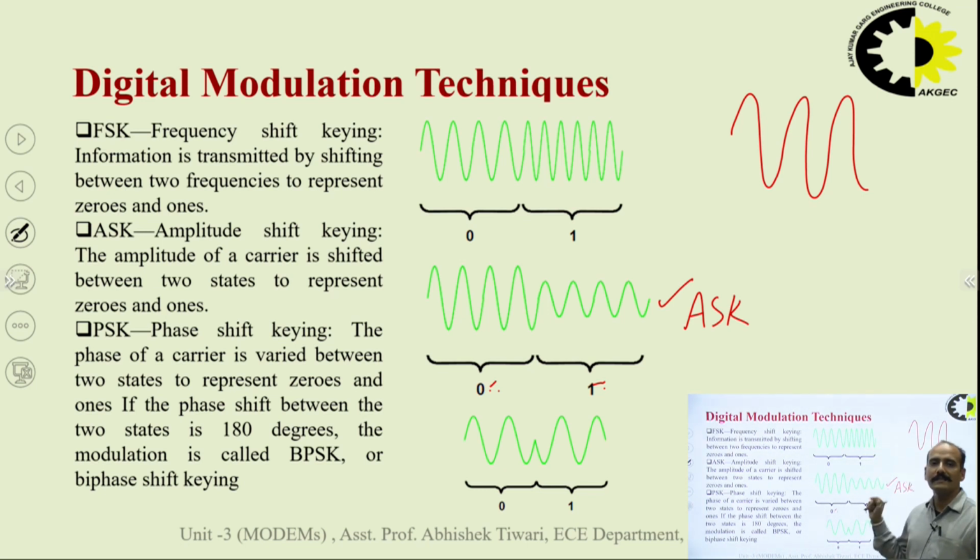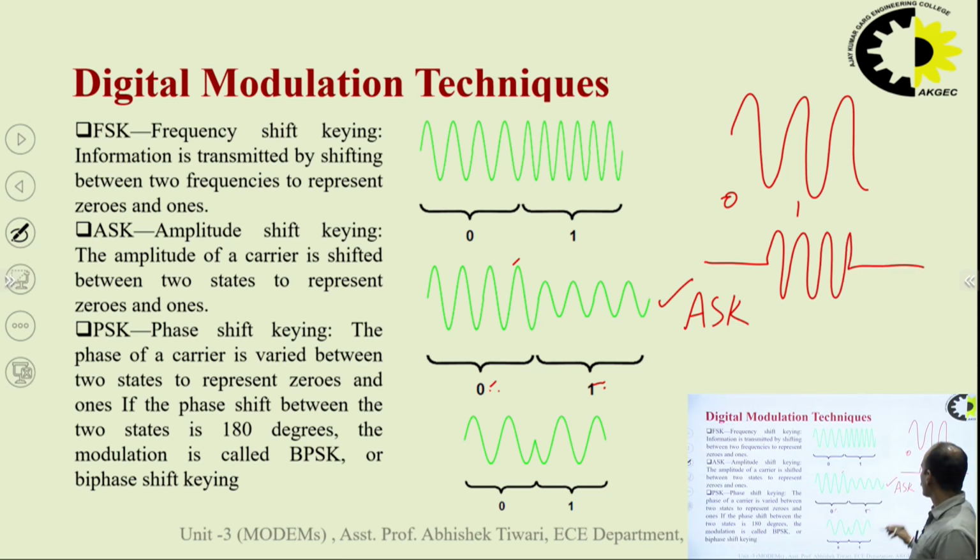As per the logic set by the system, the amplitude of this carrier will change. You can see that for the 0 the amplitude is the same, but for the 1 the amplitude decreases. Sometimes, if you modulate 0 and 1, you will get this kind of signal.